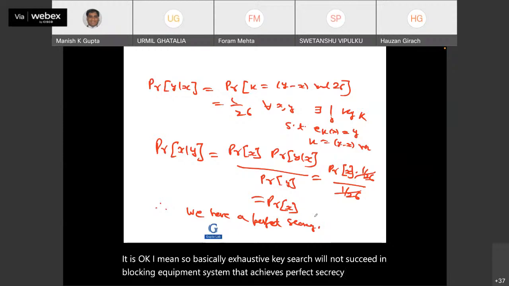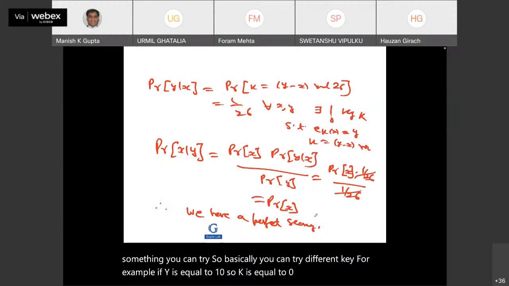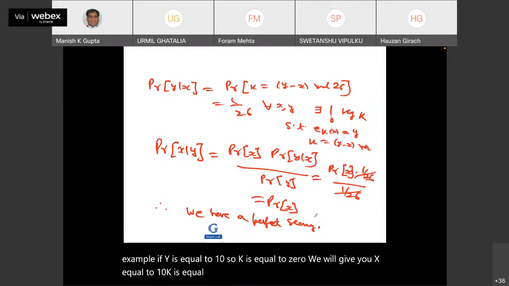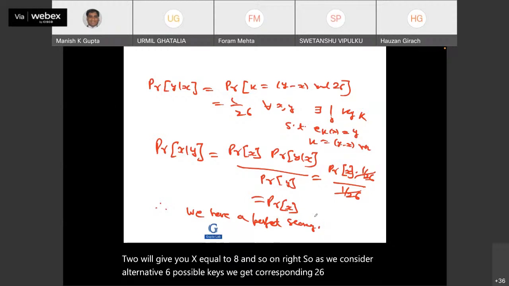That is something you can try. You can try different keys. For example, if y is equal to 10, then k equal to 0 will give you x equal to 10, k equal to 1 will give you x equal to 9, k equal to 2 will give you x equal to 8, and so on. So as we consider all 26 possible keys, we get the corresponding 26 plaintexts. So no plaintext can be ruled out.